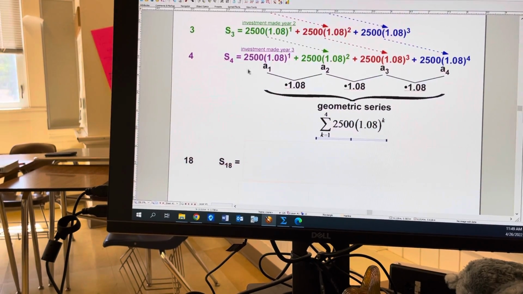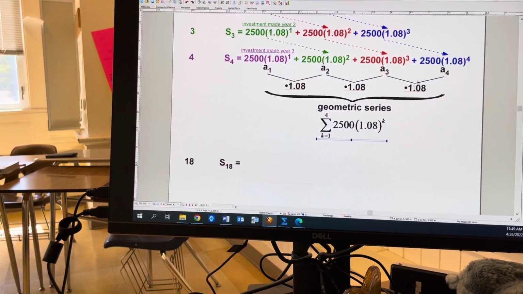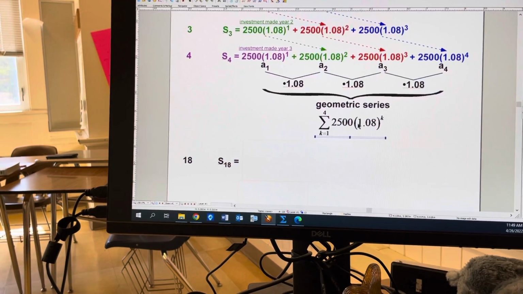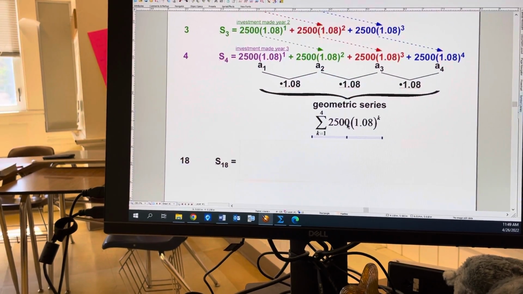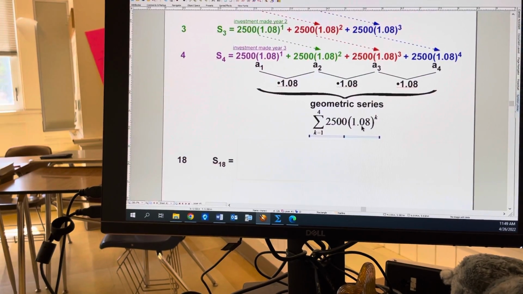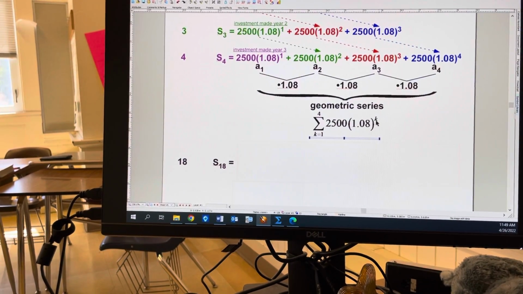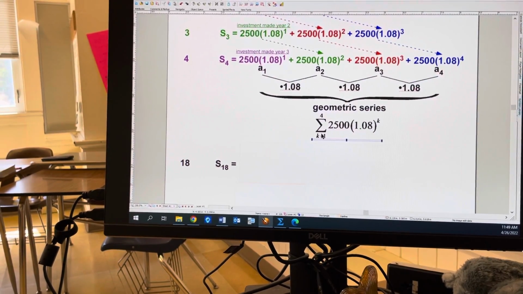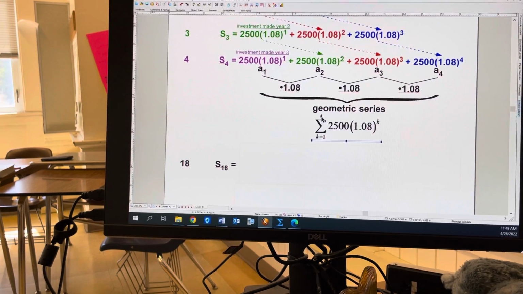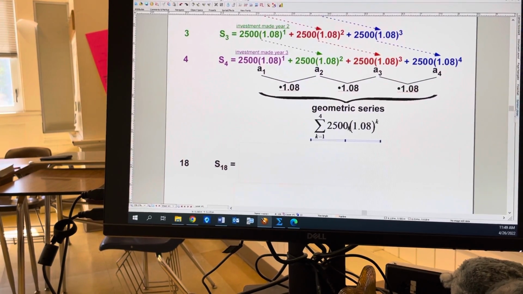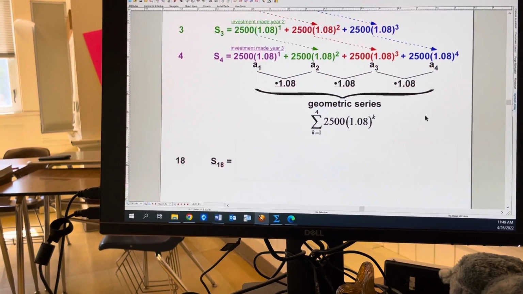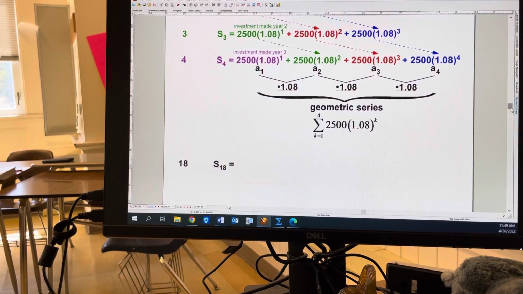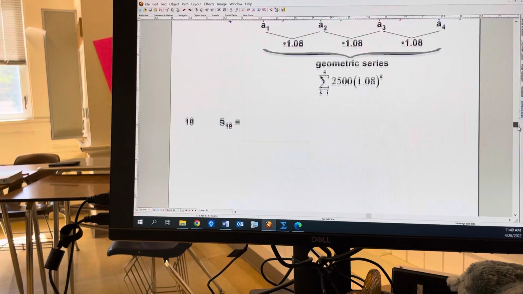So to map this out as a geometric series, for 4 years I'm going to contribute $2,500 and it's going to grow 8% for K years. So here K equals 1 to 4, so it's going to be growing for 4 years. Now, what they asked us in the first part is, what if it's growing for 18 years?